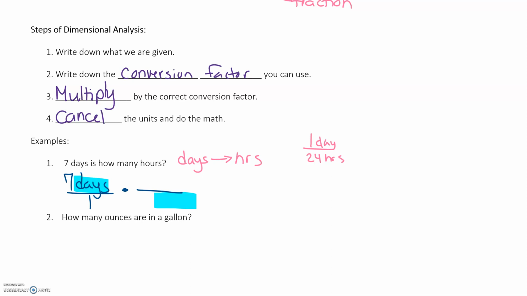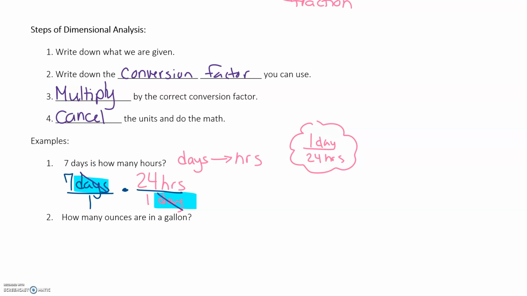So this conversion factor, I actually need to write it with the 24 hours on top and the 1 day on the bottom.